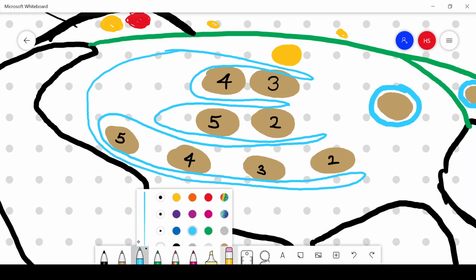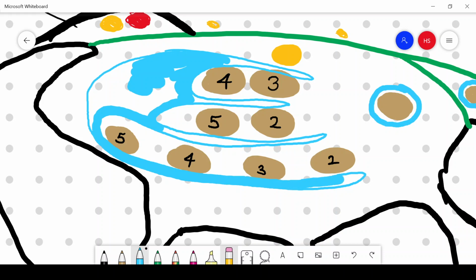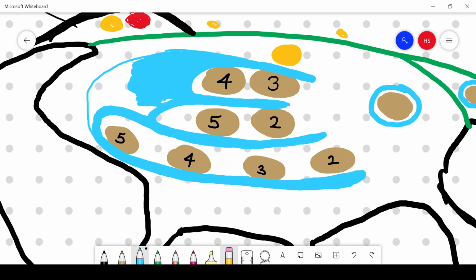So this all is your cavity of the ulnar bursa. So you can totally fill it with the color like this. So this is how the ulnar bursa is filled.